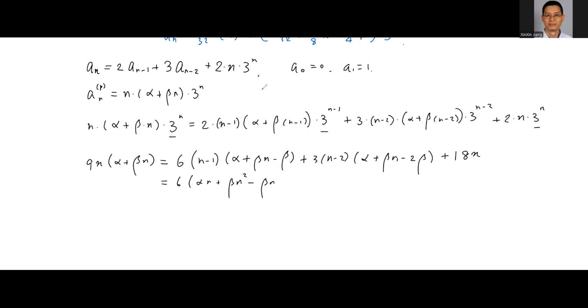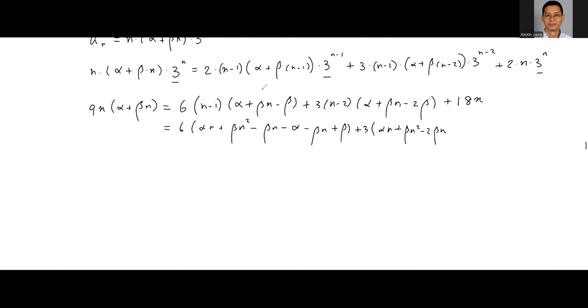Then I have minus alpha minus beta n plus beta, plus 3 times alpha n plus beta n squared minus 2 beta n, and then minus 2 alpha minus 2 beta n, plus 4 beta, plus 18n.